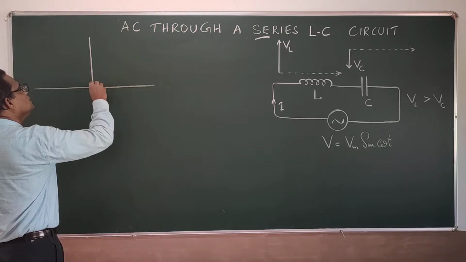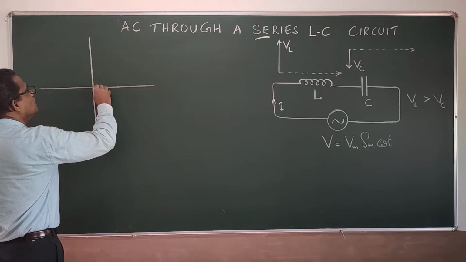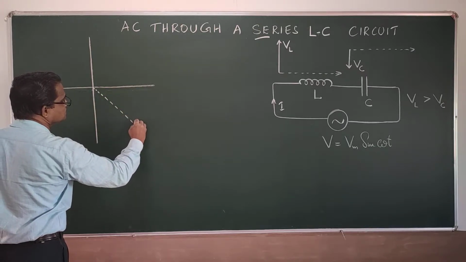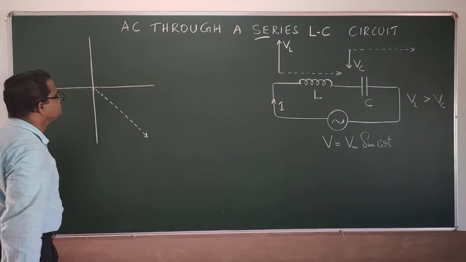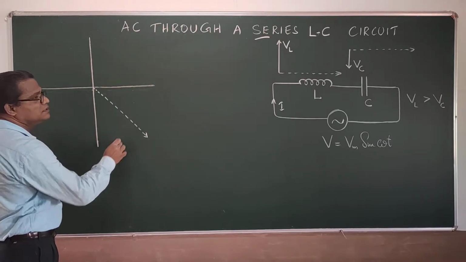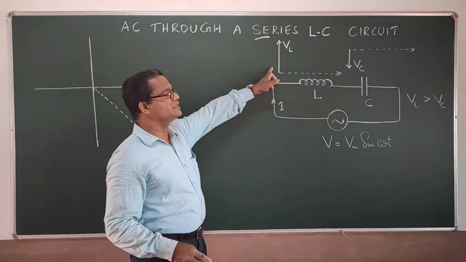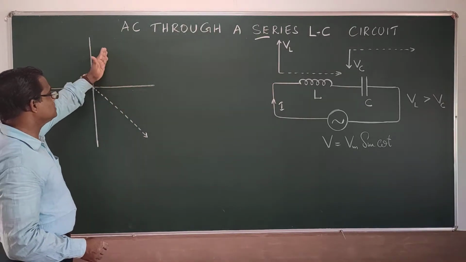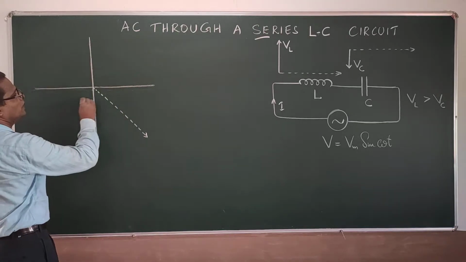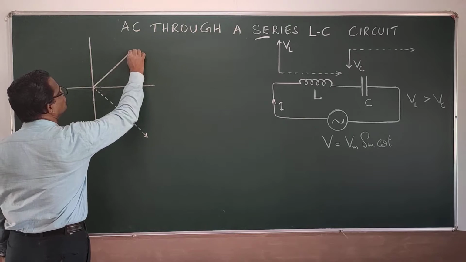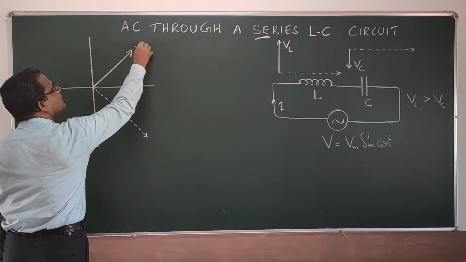I take the current along this direction. Compared to this current, the voltage across the inductor should be leading the current by pi by 2. Leading the current means going anti-clockwise, so leading the current by pi by 2, this is VL.